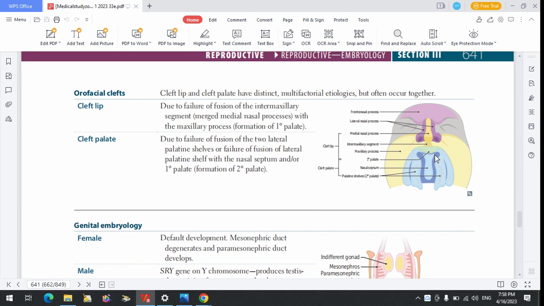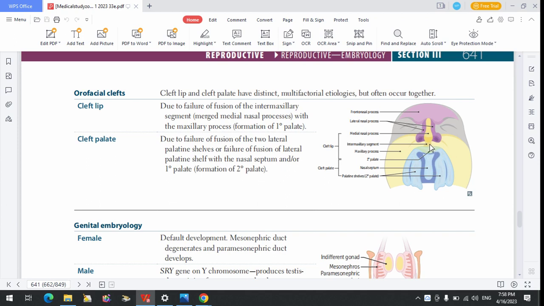The lip, because you know that the lip is superior to the palate, so anything above will form the problem of the lip first. Problem of the palate is the one that is below, which are these areas. So let's go over it again. Failure of fusion of the medial nasal processes to form the intermaxillary segment.